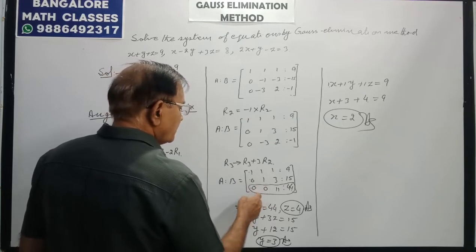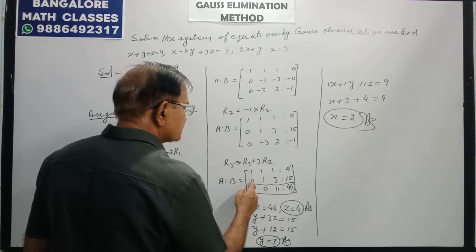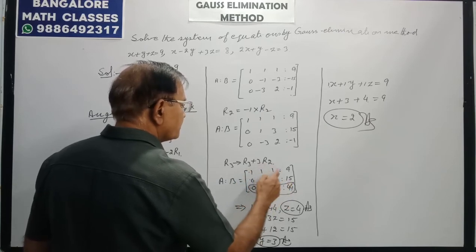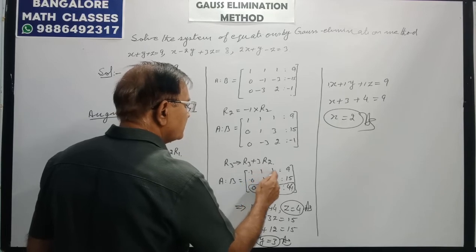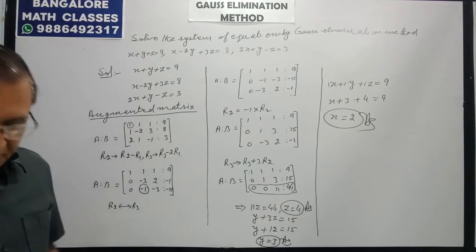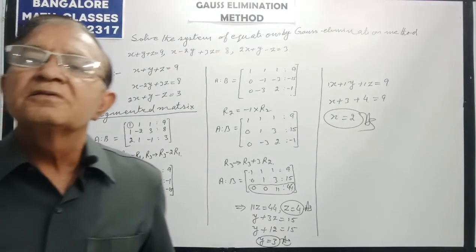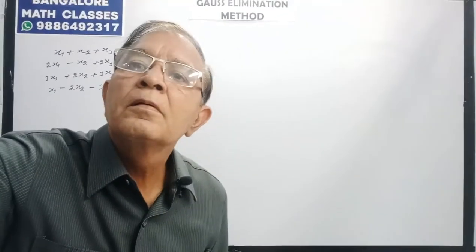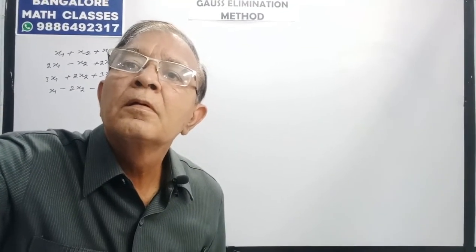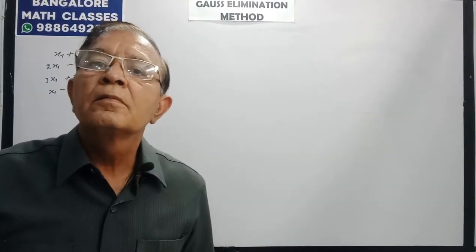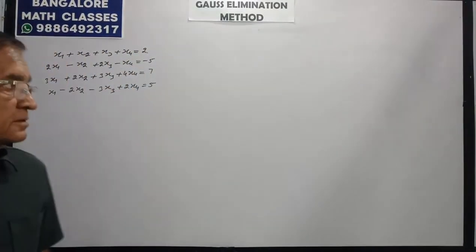Then come to the upper one, 0x, 1y, 3z, 50. For the first, 1x, 1y, 1z equals 9, and we can find the values of x, y, z. So like that, we can go for the Gauss elimination. Next is it.